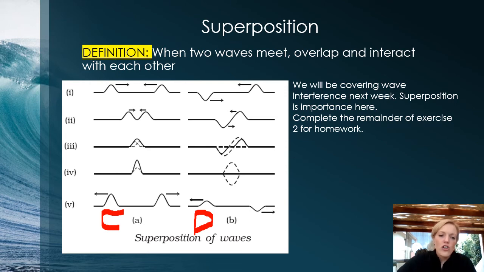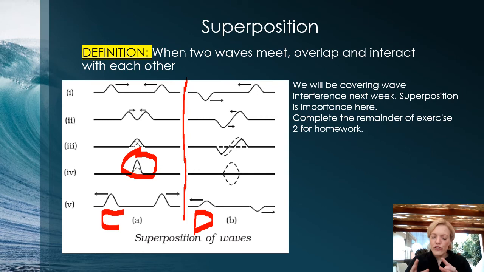Here in this column, let's just split this down the middle. In this column, you have two waves of equal amplitude approaching each other. I want you to think that both these waves, which are two crests that are approaching each other, have an amplitude of about 2 meters. When they interact or superimpose over here, what is the amplitude going to equal to?